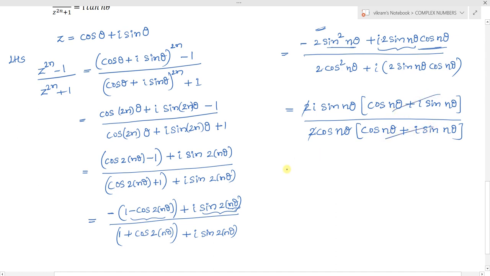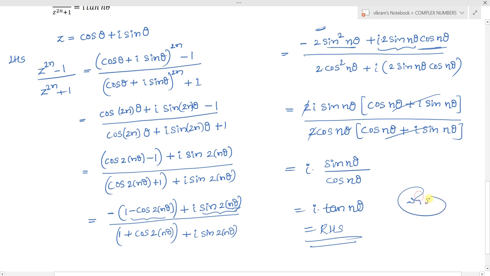Then we obtain i into sin n theta by cos n theta, which equals i times tan n theta. That is nothing but what the question asks us to show, the required RHS. So this is the way of solving the given question using De Moivre's theorem.